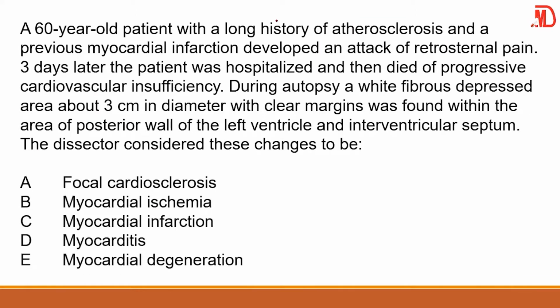A 60-year-old patient with a long history of atherosclerosis, thickening of vessels, and a previous myocardial infarction. Again, thickening of the coronary artery can lead to what? Occlusion of blood flow, which of course can cause myocardial infarction.